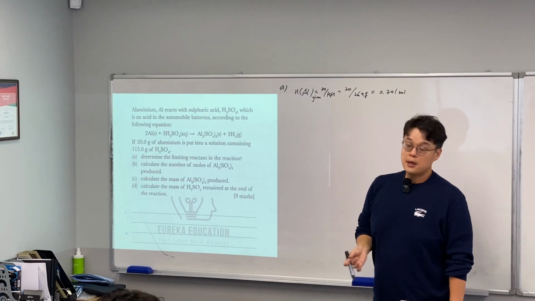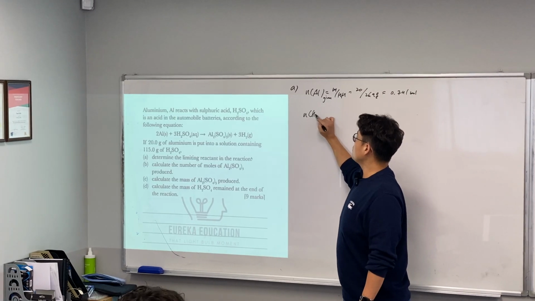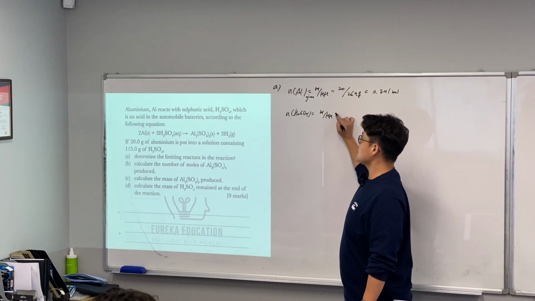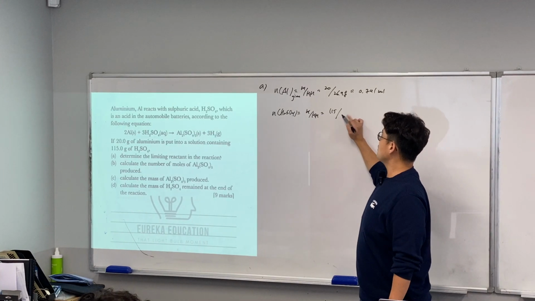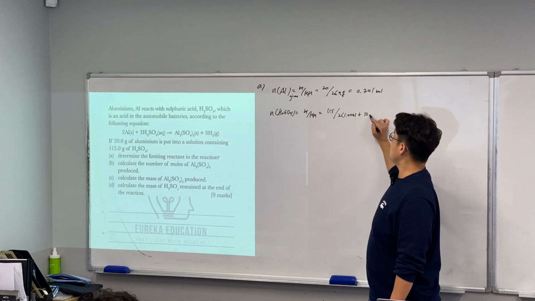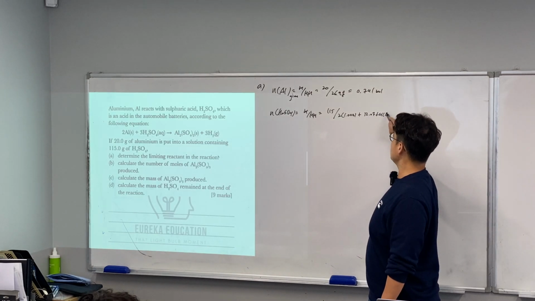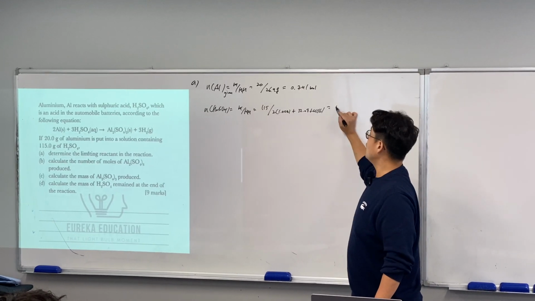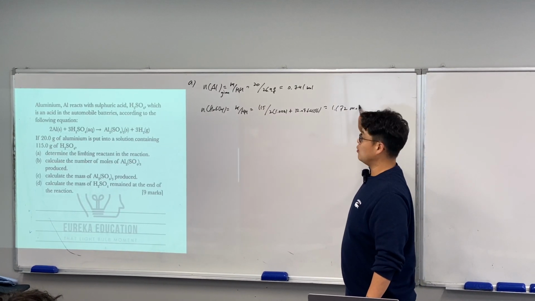Same for the sulfuric acid, n of the H2SO4. We do the same method of mass over molar mass. That is 115 divided by 2 times 1.008 plus 32.07 plus 4 times 16 for all the molar masses given. Then you're going to get approximately 1.172 mole.